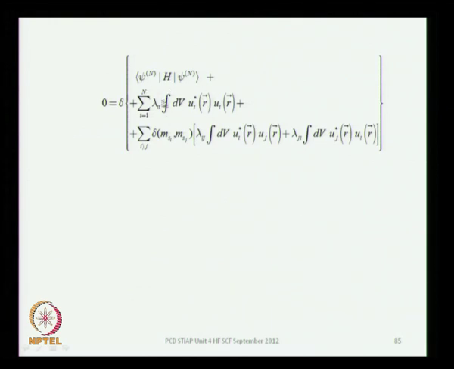Accordingly, we have these lambda i for each ith orbital. There are n of these corresponding to the normalization condition, and then there are these lambda ij and lambda ji corresponding to the orthogonality constraints.